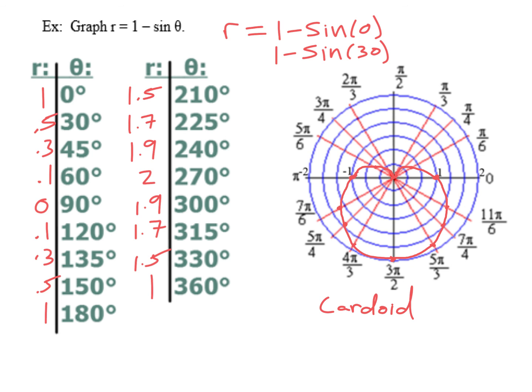And there you go. Again, I think it looks like a piece of fruit. But the technical term for that is a cardioid.